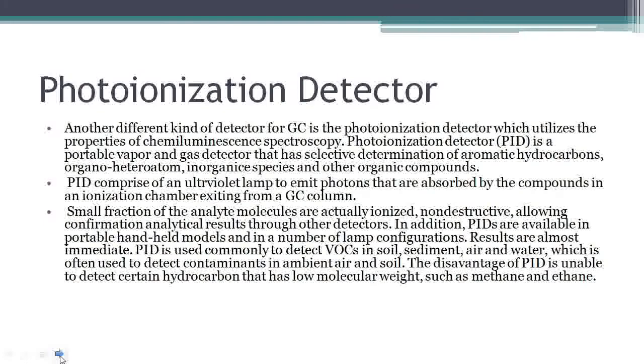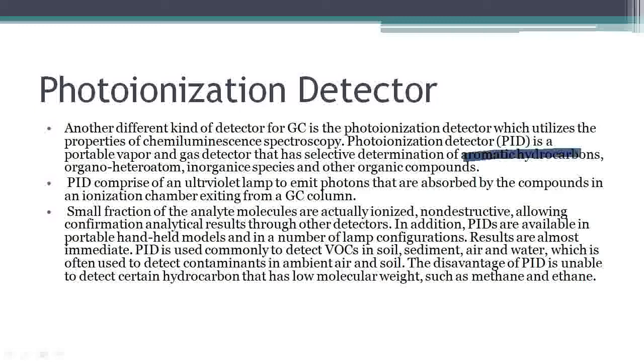Let's go to the next one, photoionization detector. This is a different kind of detector for GC, which utilizes the properties of chemiluminescence photoscopy. We have a portable vapor and gas detector that has selective determination of aromatic hydrocarbons.